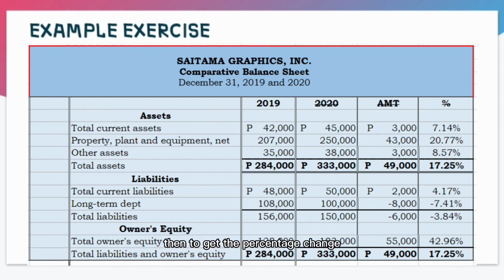Then to get the percentage change, divide that 49,000 pesos by the 284,000 pesos of the prior year, or the base year, and it will result in a 17.25% change. To interpret this, let us say that the entity's total assets increased by 49,000 pesos, or in percentage, the entity's total assets increased by 17.25%.